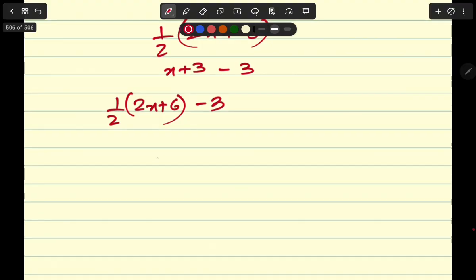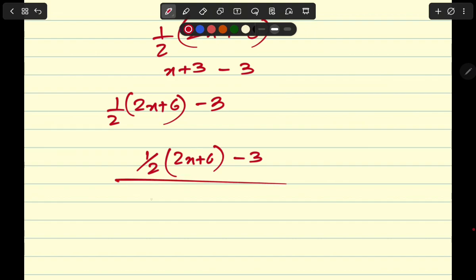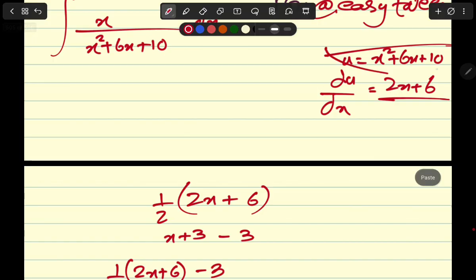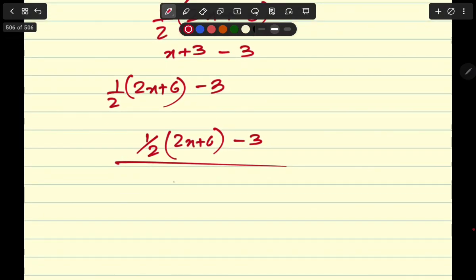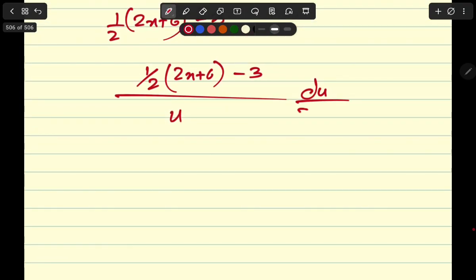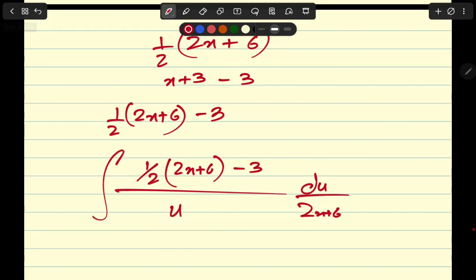So I can rewrite this x as half times (2x plus 6), which is the derivative of the denominator, minus 3, upon the denominator, which I can substitute as u, which is x squared plus 6x plus 10. So I will just write u here, and dx may be rewritten as du upon 2x plus 6, and now I put the integral sign here.